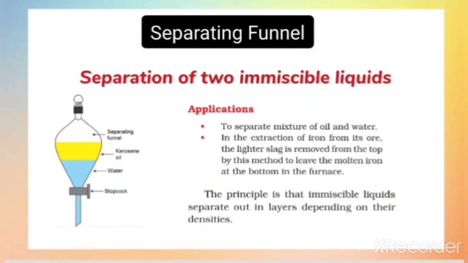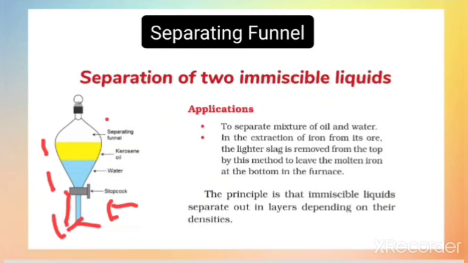Now, as shown in the figure, when we keep a mixture having two immiscible liquids in this funnel, it forms two separate layers, so we are able to easily separate the bottom layer by using this stopcock. When you open this stopcock, the lower layer, here the water, moves out, and we are able to separate it.